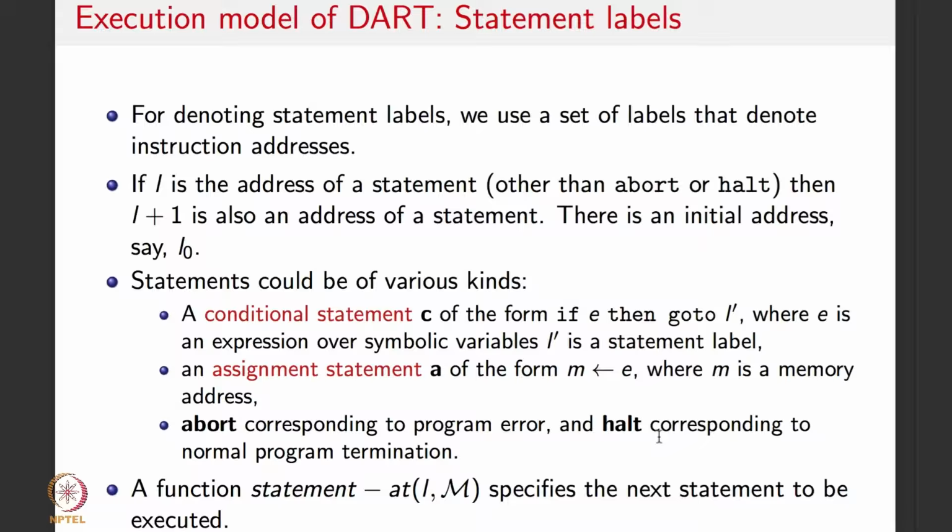So for simplicity, we assume that the programming language like C on which DART works has only conditional statements, assignment statements, and special statements like abort and halt. And we also assume that there is a special function available to us, let's call it statement at L, which specifies what is the next statement to be executed.